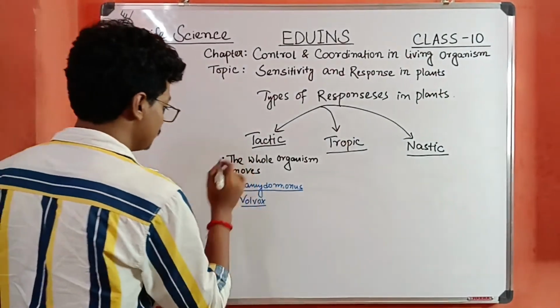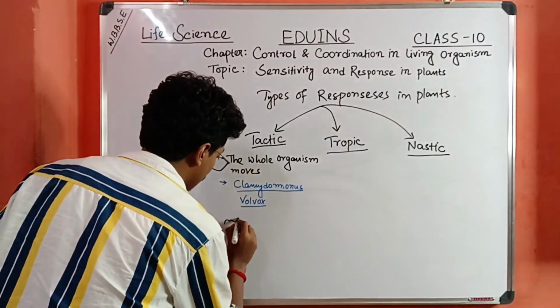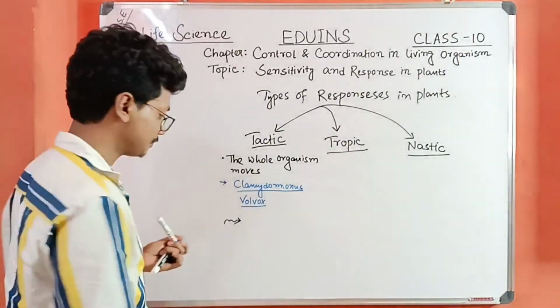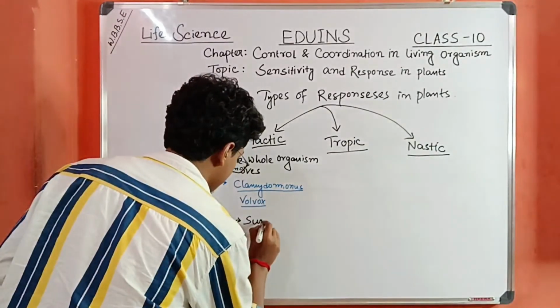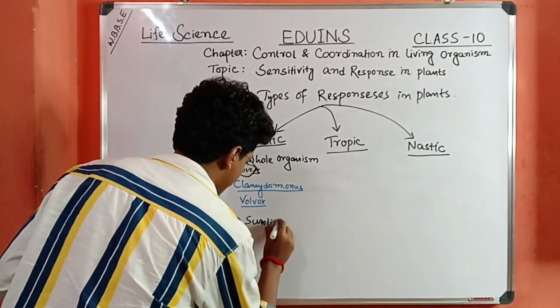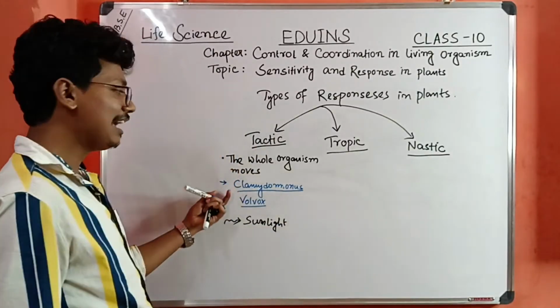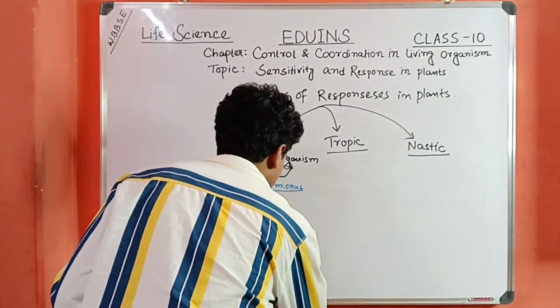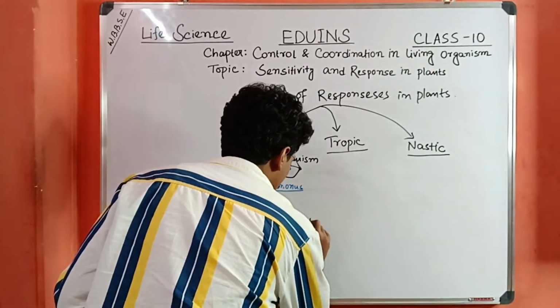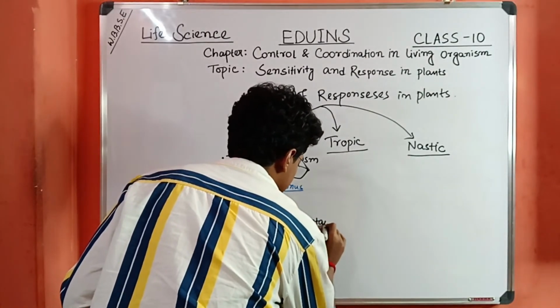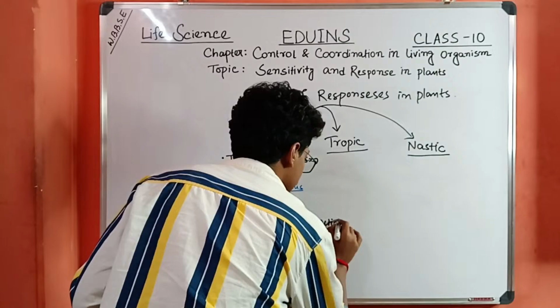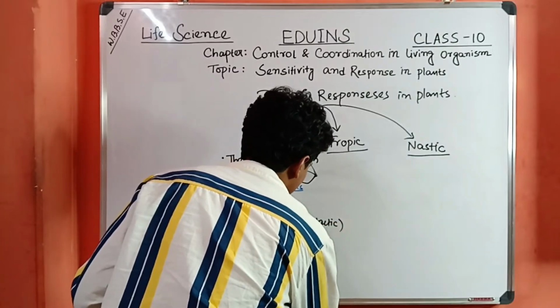Those organisms move according to the sunlight. And their movement is known as phototactic movement.